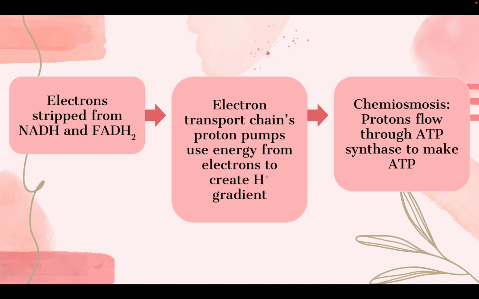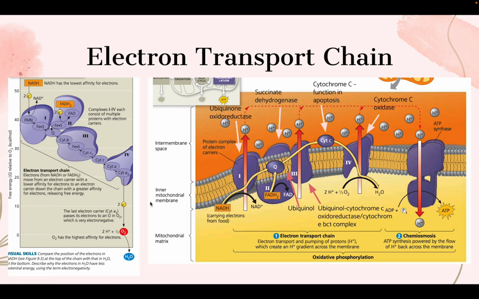This gradient is going to be really important for the next step, called chemiosmosis, in which protons flow through ATP synthase, an enzyme that makes ATP, to make ATP. So that's how we're going to get a bunch of ATPs from NADH and FADH2.